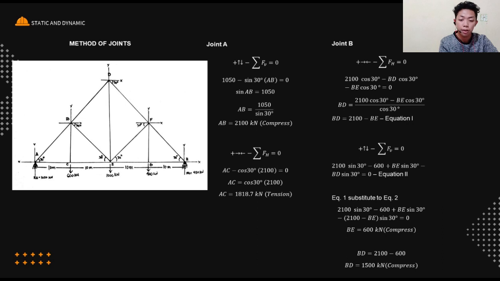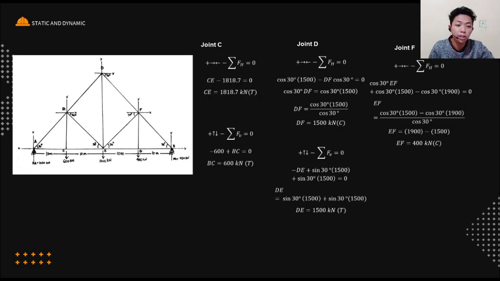Tapos, yung moment arm niya is 2,100. So, yung AC, itatranspose natin sa labas, magiging AC is equals to cos 30 degrees times 2,100. So, ang magiging value ng AC is 1,818.7 kN. So, tama rin yung assumption natin na tension since nag-positive siya.